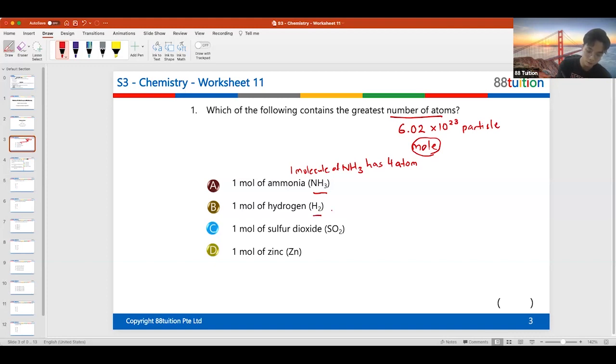Okay, same thing for hydrogen gas. One molecule of hydrogen gas, H2, has 2 atoms. Okay. One molecule of sulfur dioxide has 3 atoms. Okay. And one molecule of zinc has 1 atom. Okay. Because it is just zinc by itself.